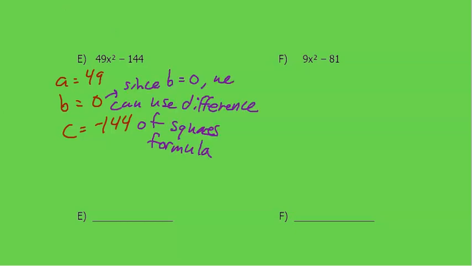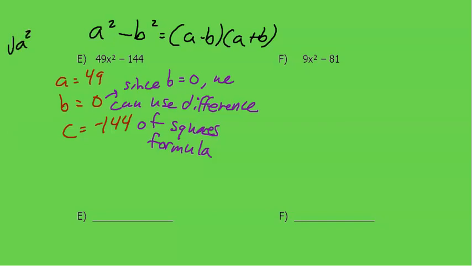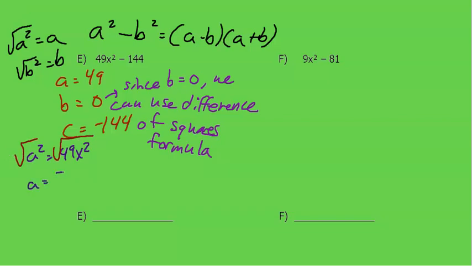The difference of squares formula is A squared minus B squared equals A minus B times A plus B. To find A and to find B, you just need to take the square roots of them. So if A squared equals 49x squared, the square root of that would be 7x. The square root of 49 is 7. The square root of x squared is just x.